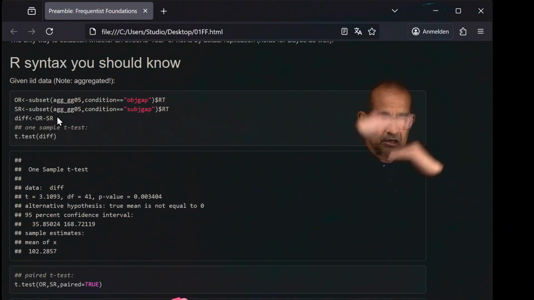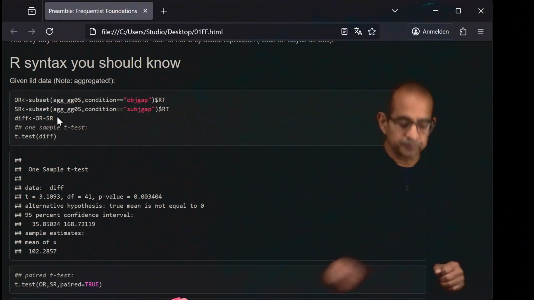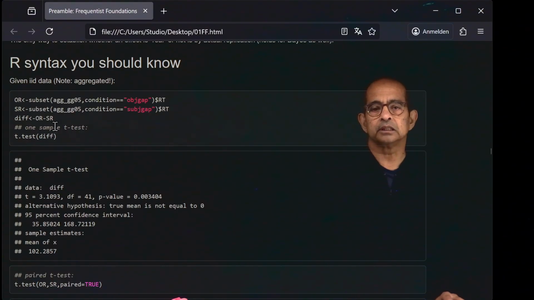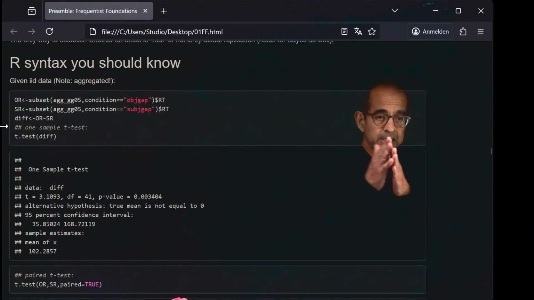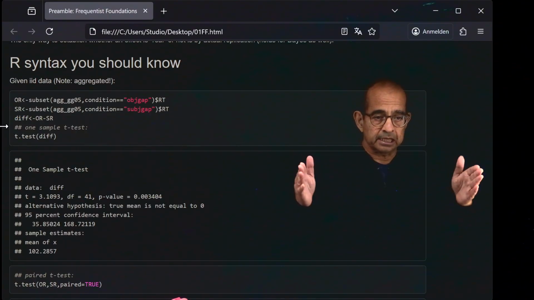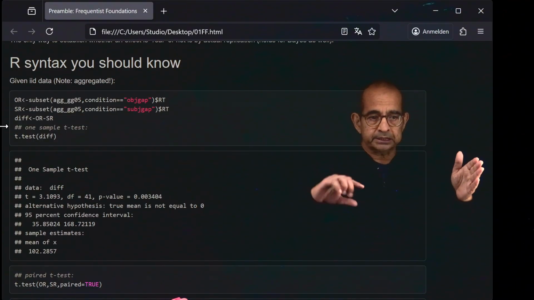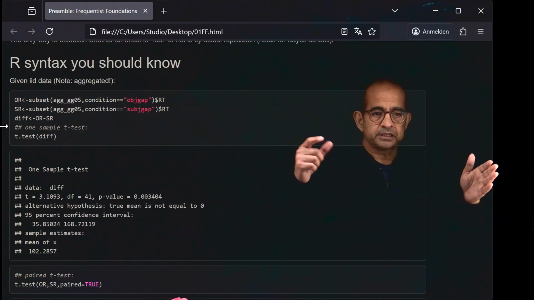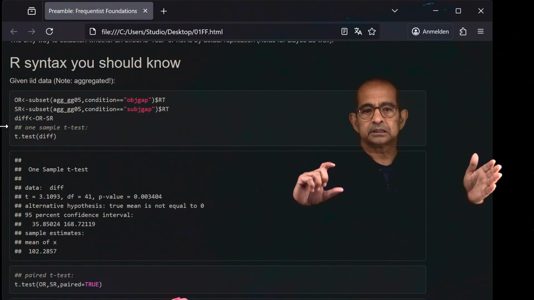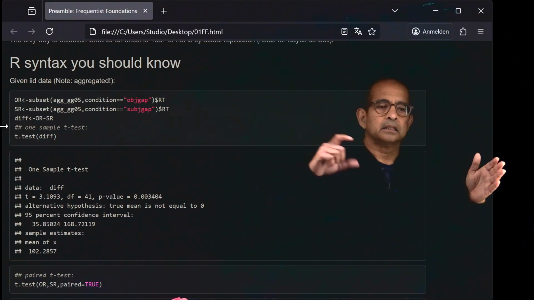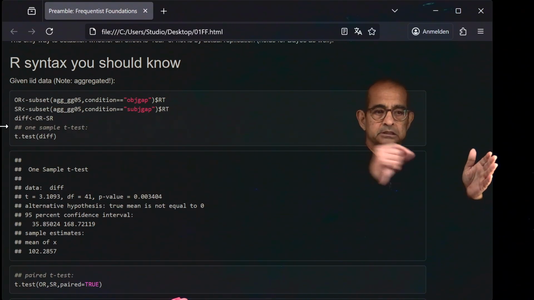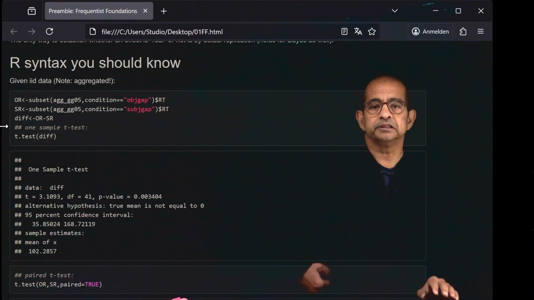So if I do a cell-wise subtraction from the two vectors, I will get this difference vector, which will have length 42, and it will tell me the estimated difference between the object and subject gap in each of the 42 participants in the experiment.